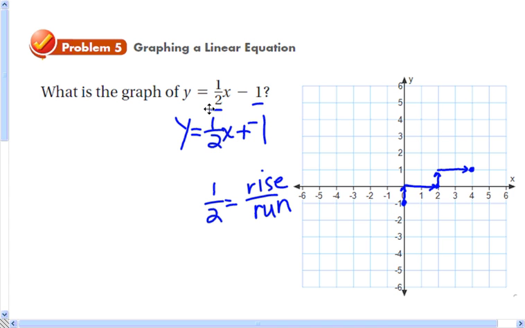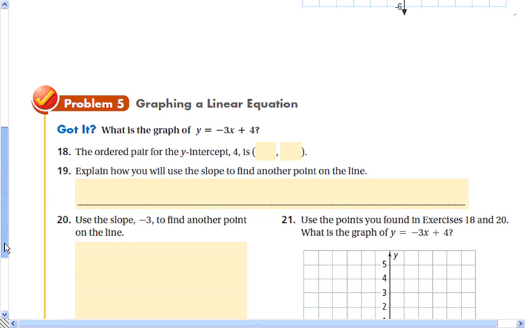And then I can just draw a line that continues through those points. And that's the graph. All right, go ahead, you try it. Check back with the answer.